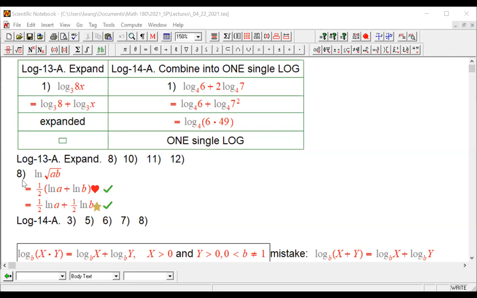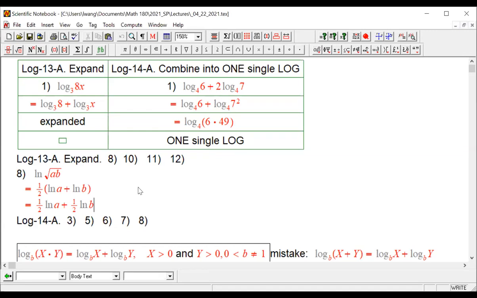But for this class, either one is okay, because all I want to know is that you know how to use the power rule and the product rule. Got it? All right. Moving forward.